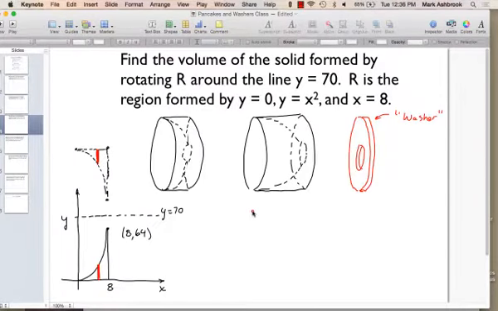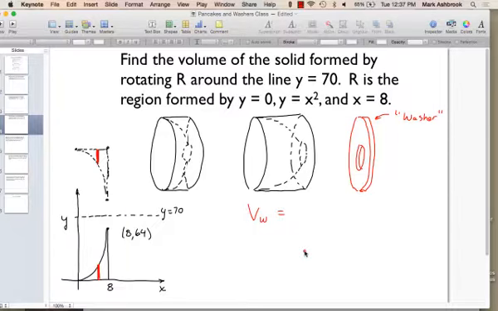So we're going to do the volume of a washer. Before we get into the specifics of this problem, just in general, for any washer, how would we think about getting the volume? William, go ahead. Just the volume of the big circle minus the volume of the little circle.